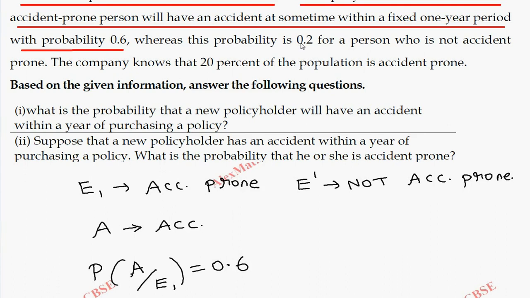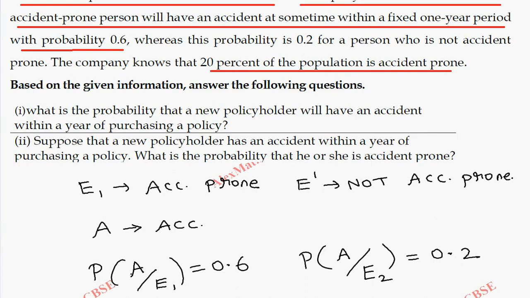Whereas the probability is 0.2 for a person who is not accident prone. So for the person who is not accident prone, E2, the probability of meeting with an accident is 0.2. And further reading the question, the company knows that 20% of the population is accident prone.